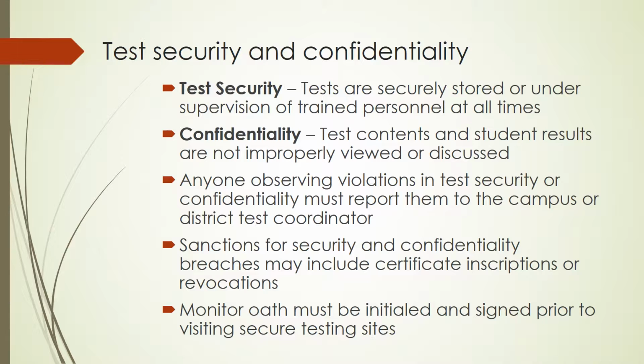So it's important that everybody reports those should they see something that's out of the ordinary. If people are in violation of test security and confidentiality issues, then they may receive an inscription on their certificate, or their certificate could actually be revoked by SBEC.